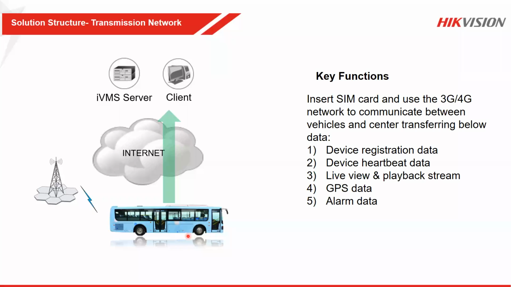So using one of our mobile network providers, a specific APN SIM card can be purchased, and this will allow good communication from the mobile recording device back into the control room, because the mobile DVR needs to send video evidence.